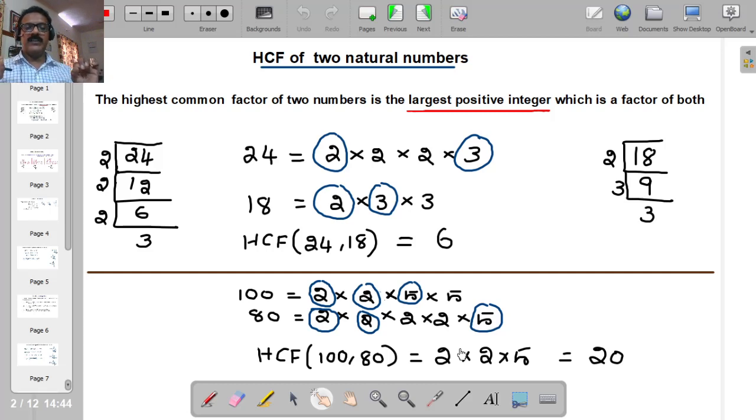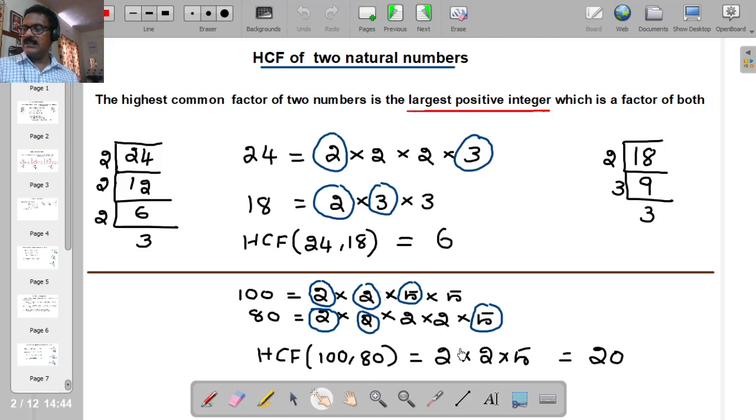Now we will be finding the HCF of 24 and 18. In order to find the HCF of 24 and 18, we will be writing 24 as the product of prime numbers. Then we will also write 18 as the product of prime numbers. How will we find the prime factors of 24?